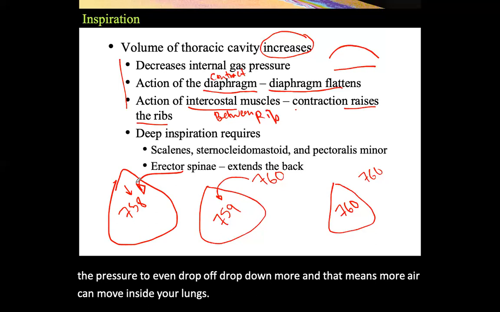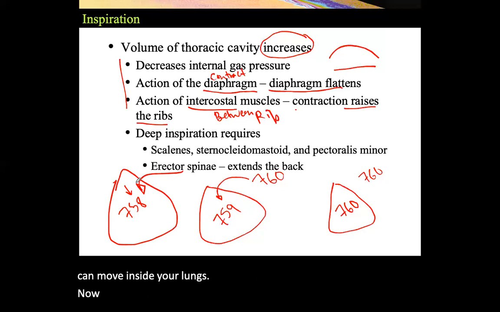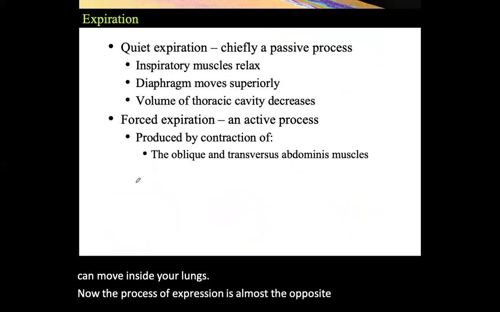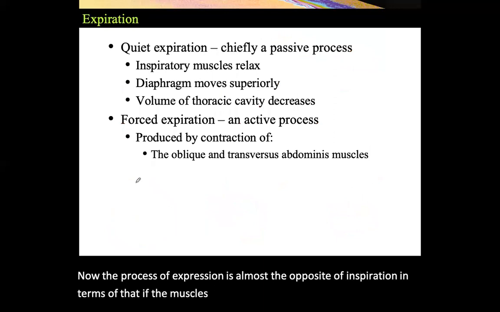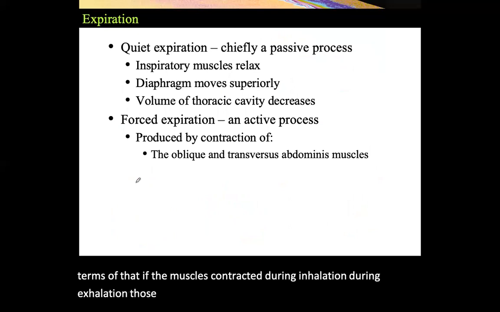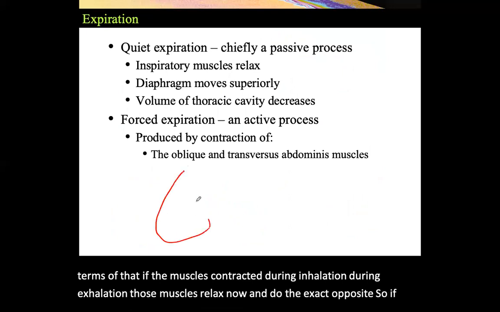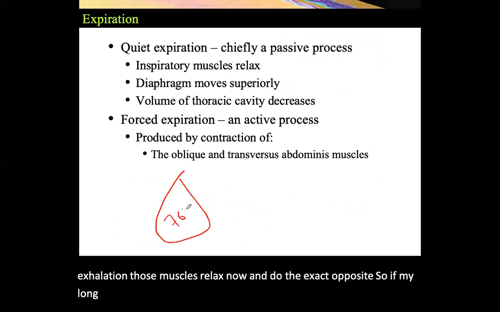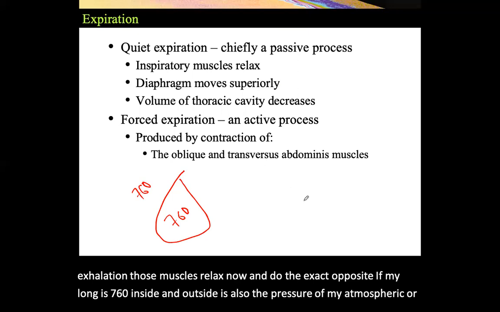Now, the process of expiration is almost the opposite of inspiration, in that if the muscles contracted during inhalation, during exhalation, those muscles relax and do the exact opposite. So if my lung is 760 inside and outside is also the pressure of my atmosphere, the air around me, 760.